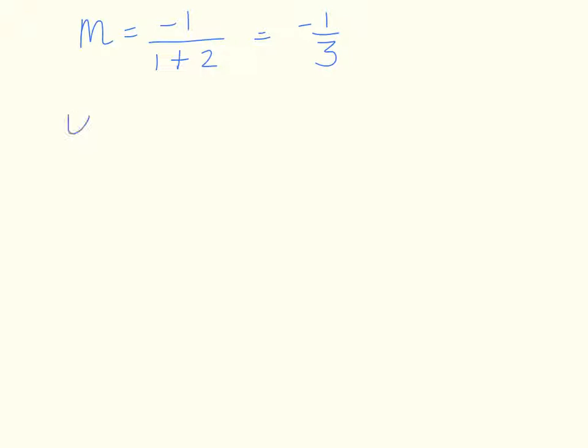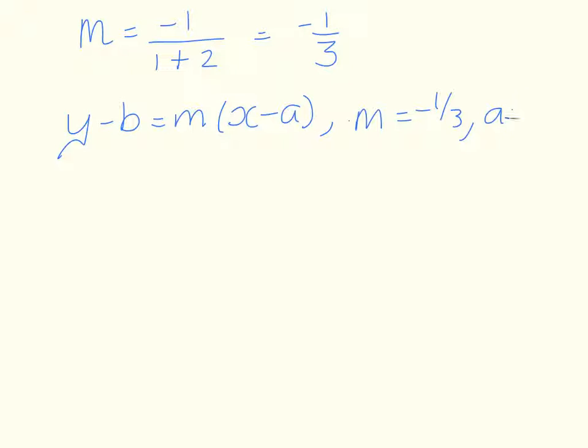And we're going to use y minus b equals m times x minus a, with the gradient being minus a third, a is 1, and b is 1. So y minus 1 equals negative 1/3 times x minus 1.